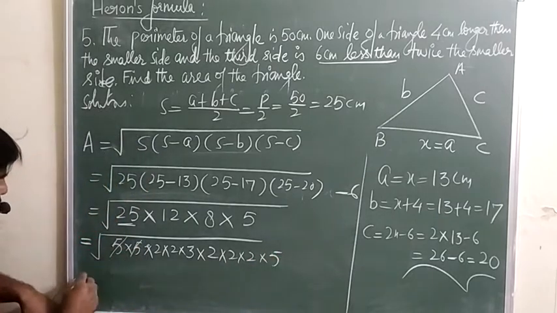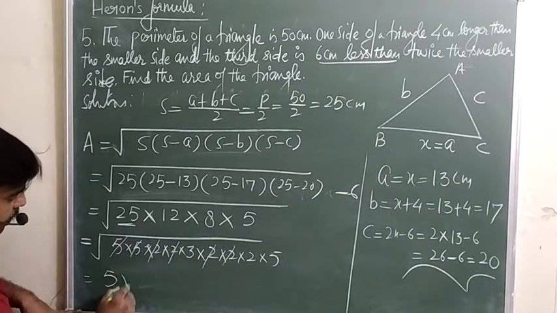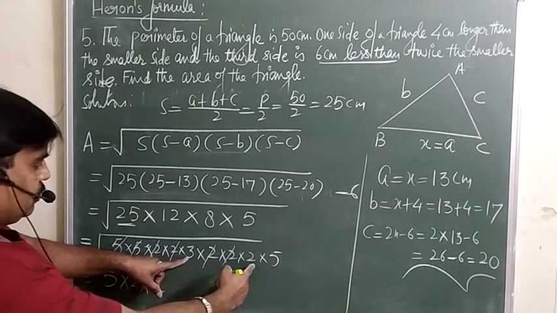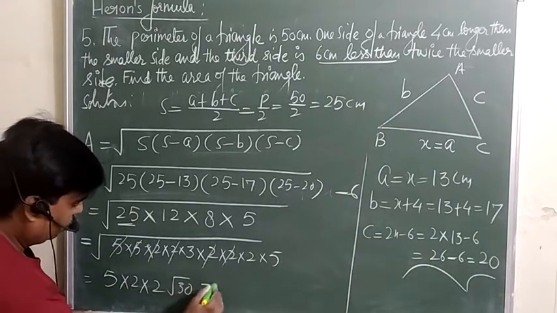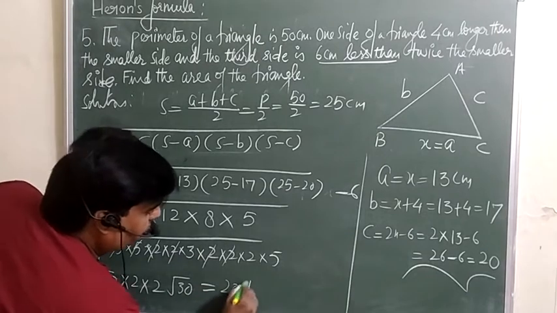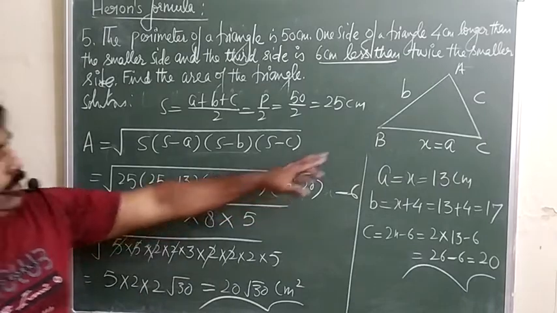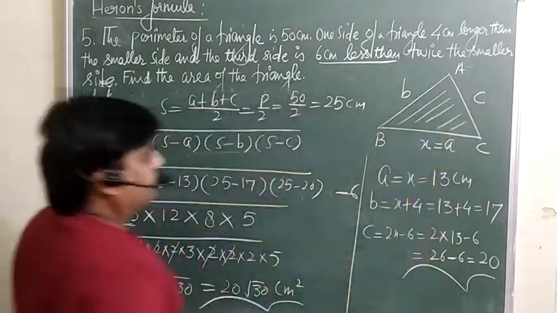So the pairs of 2s you can take out, and the rest of the numbers will remain inside the root. 6 into 5 is 30, so root 30. So this is your 20 root 30 centimeter square, the area of this triangle.